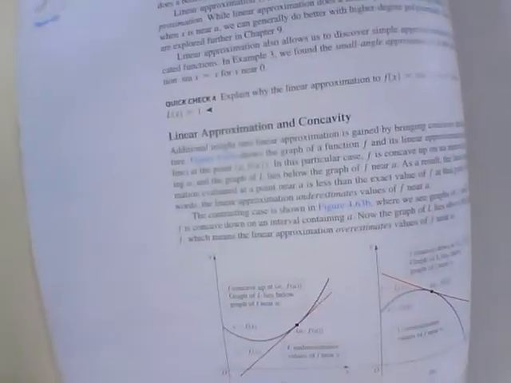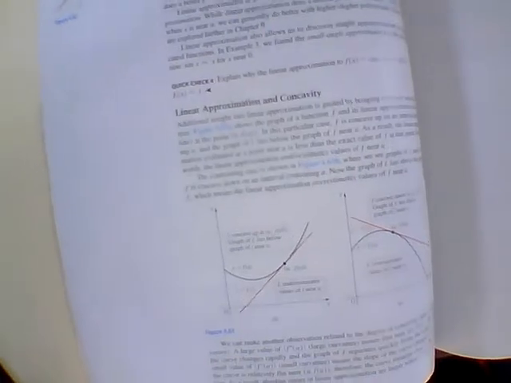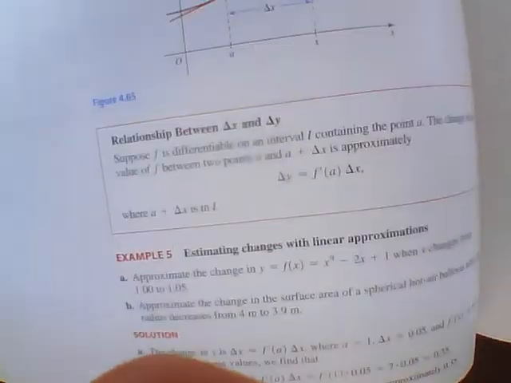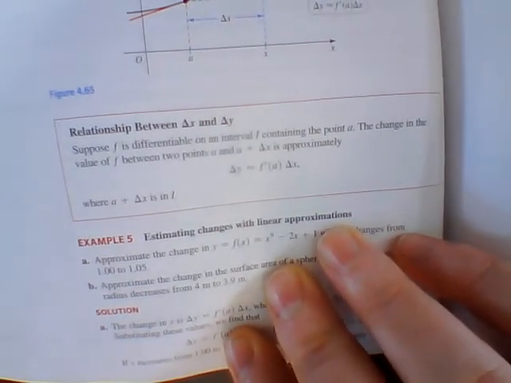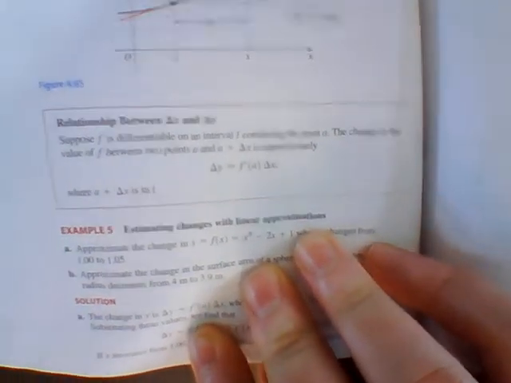As we continue on, we talk about linear approximation and concavity. Basically it tells us how graphs are flowing. The relationship between delta x and delta y: suppose f is differentiable on an interval I containing the point a.